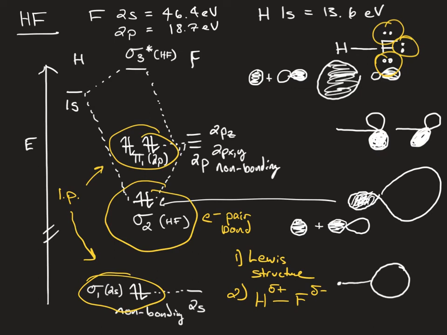Therefore, all of the electron density is going to be distributed onto that fluorine atom. In contrast, the hydrogen-dominated molecular orbital is an unfilled orbital. So therefore, we would predict that hydrogen would not have a large negative charge associated with it. In fact, it would have a partial positive charge associated with it, just because the electron density is not associated with the hydrogen atom in this molecule.